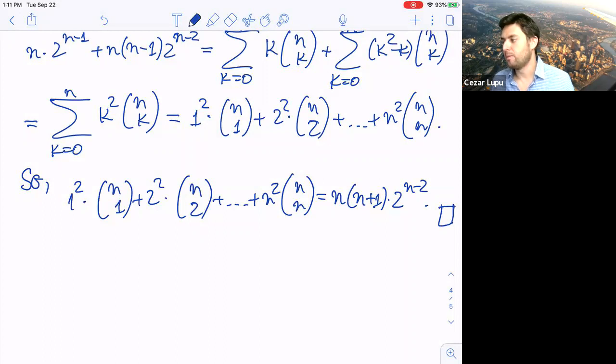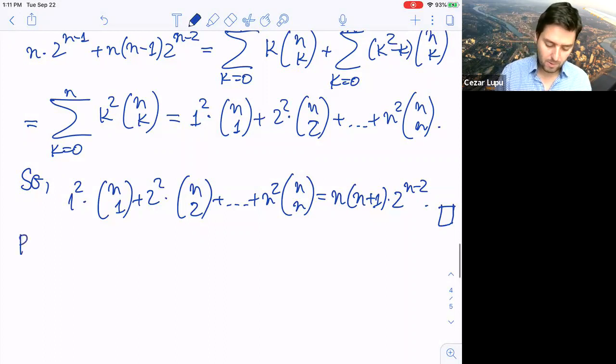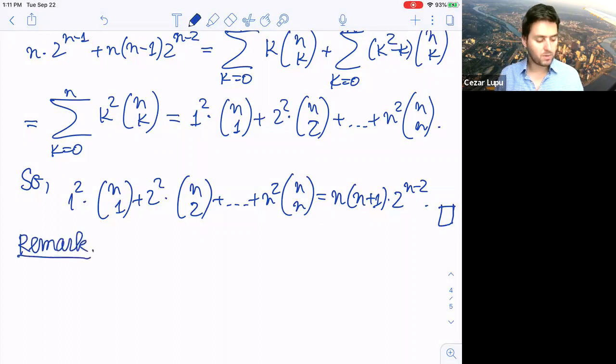For example, you can do something similar. Probably I shouldn't spend time with this, but let me point out a remark, because I want to talk about the Pigeonhole Principle as well, and I want to do some other problems also.